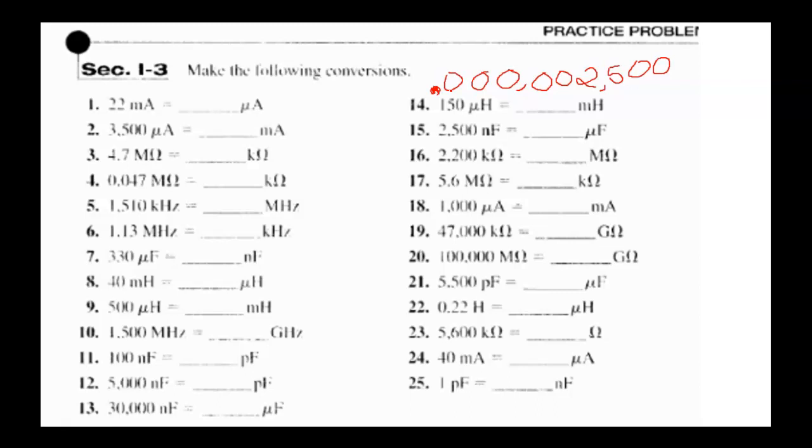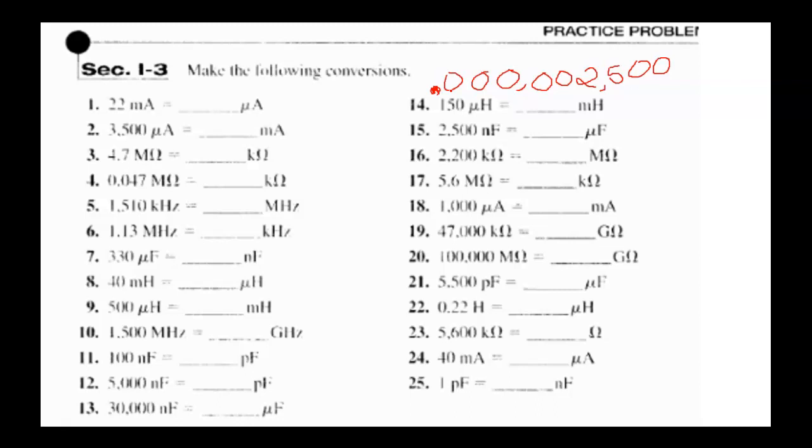So essentially I took this metric conversion chart, and I said, I know I'm starting with my decimal here at the end of nano, right here. My decimal point starts right here. Then I just trace it back to where my decimal ends, right here between the whole number and the first set of 3.